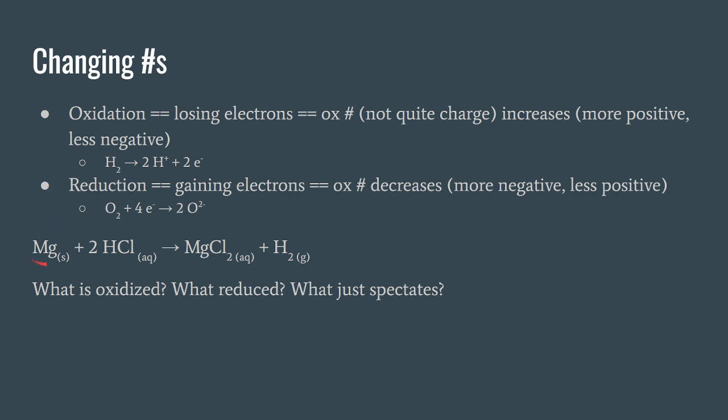That's why it's called reduction. So let's take a look here at the reaction of magnesium metal with hydrochloric acid. We'll identify what species are being oxidized, what species are being reduced, and what species are just spectators.